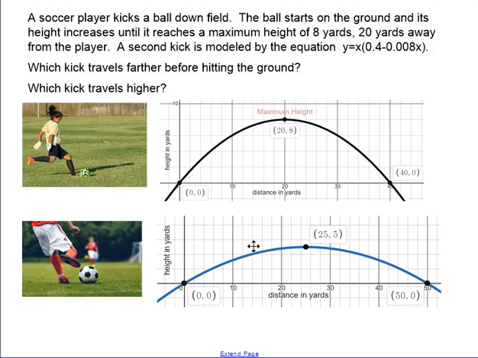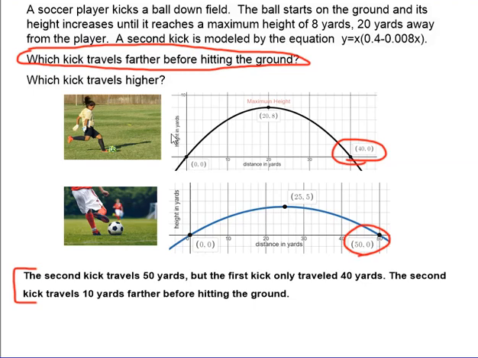We plug that in and we find right here, we click at the vertex, a maximum height of 5 yards when the ball is 25 yards away. And then it finally reaches the ground again when it is 50 yards away. So we can use this information to answer our questions.